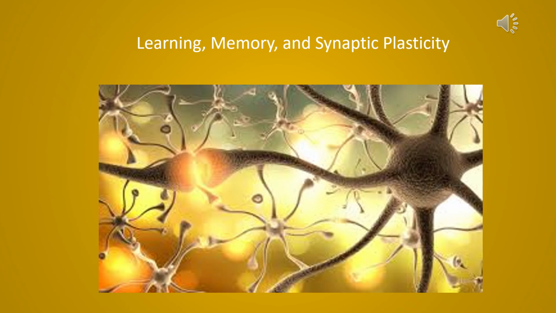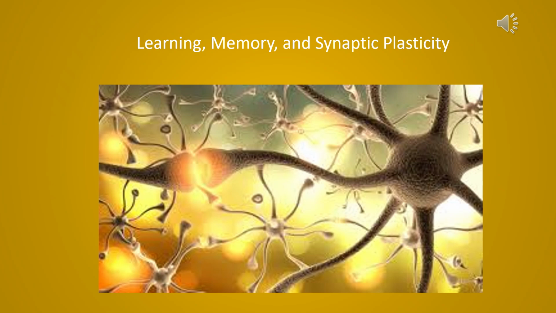Okay, what about this thing called synaptic plasticity? Well, you know that we have synapses. Those are the connections between neurons. Every neuron has the potential to establish connections with an infinite number of other neurons. Learning and memory are the establishing of new synapses.